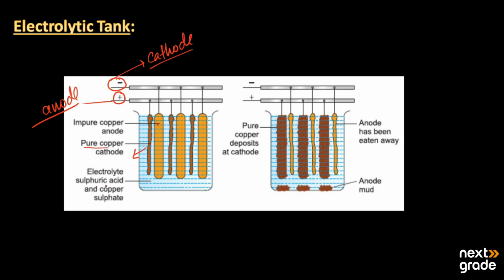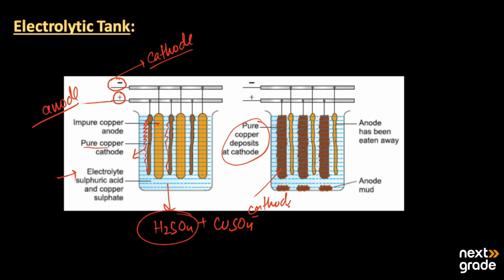Now when we attach it to the battery, what happens? The electrolyte that we have taken there is H2SO4, or sulfuric acid, and copper sulfate, CuSO4. Now you can see that the impure copper starts to deposit onto the pure copper electrode, and these are the deposits of pure copper that we gain over the cathode, and at the bottom we gain the anode mud, the material that was not useful, and the anode has been eaten away.